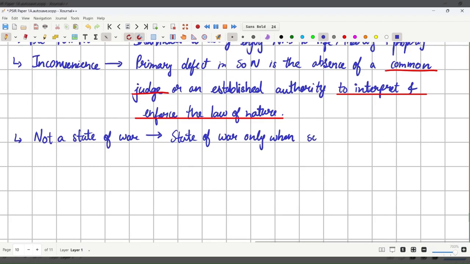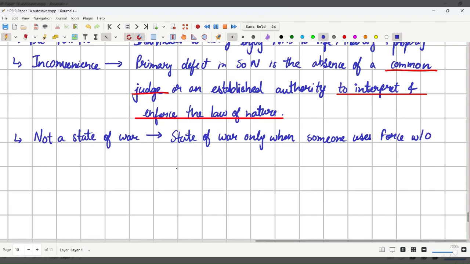Otherwise, it is a state of harmony that is simply inconvenient, due to the lack of impartial adjudication. So basically, the state of nature is at war only when force is used without rights.